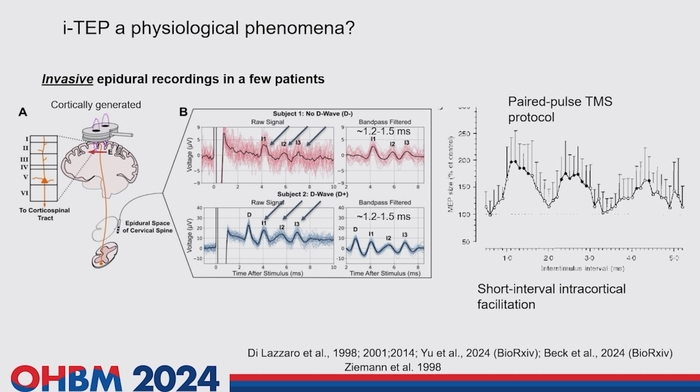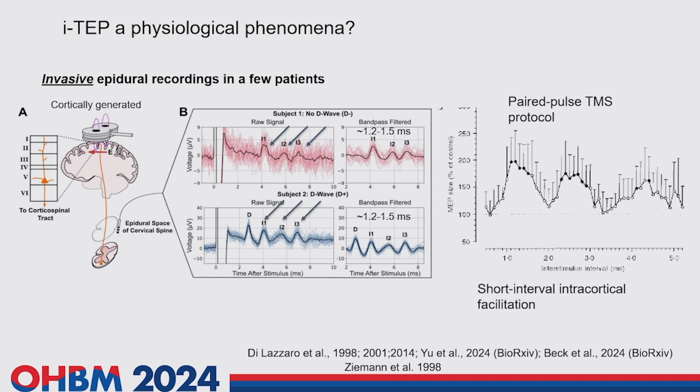But is it a physiological phenomenon? Has something similar ever been seen? So we went through the possibilities of what the options are to describe what we see. One thing is that it's already known that when we stimulate the motor cortex in epidural invasive recordings, there are responses that have a similar frequency to the one we saw in the i-TEPs.